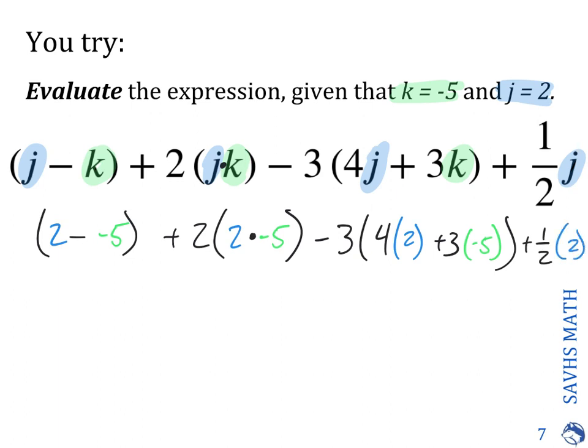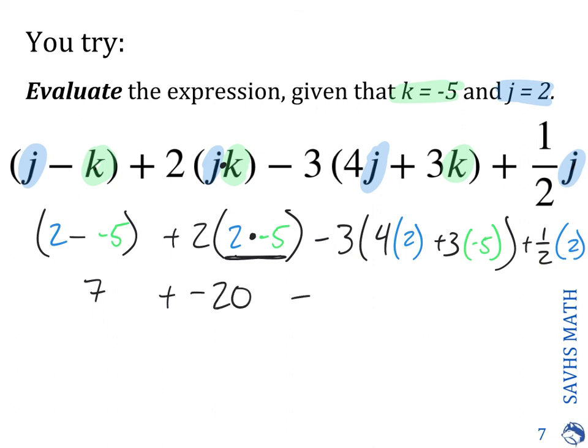You honestly could take this entire thing and put it in Desmos. I don't even mind if you do that. It's totally okay. But let's do it for ourselves. Okay. 2 minus negative 5 is 7. Plus, okay, 2 times 5 is 10, so this is negative 10 in here. Negative 10 times 2 is negative 20.